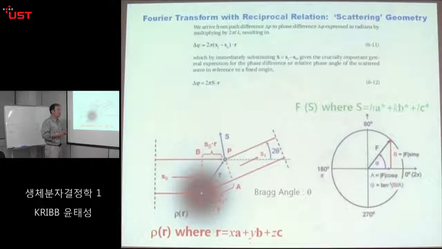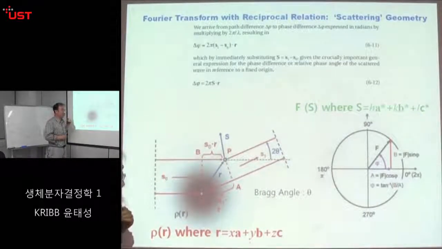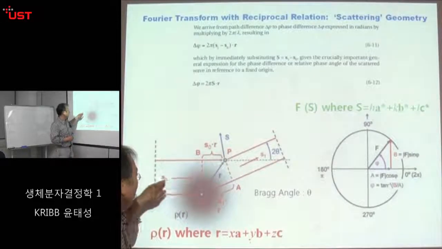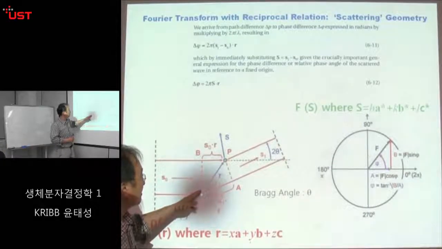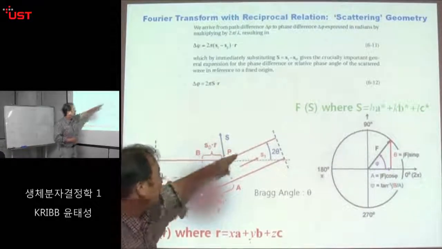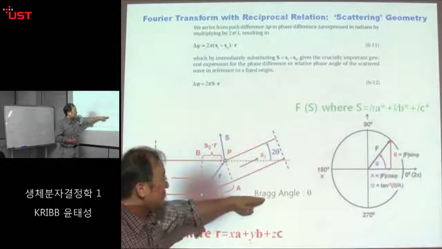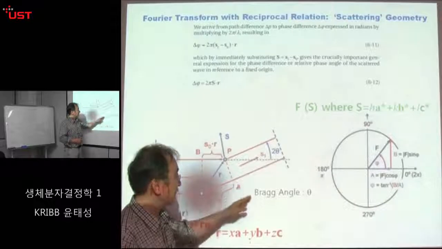Depending on the nature of the beam, either X-ray or neutron, we have different scattering vectors, but still we have the same diffraction geometry or scattering geometry. Here we have the incident beam called S0 vector, and we have some diffracted beam this way. With respect to the incident beam, we have tilt angle 2 theta, or scattering angle 2 theta.